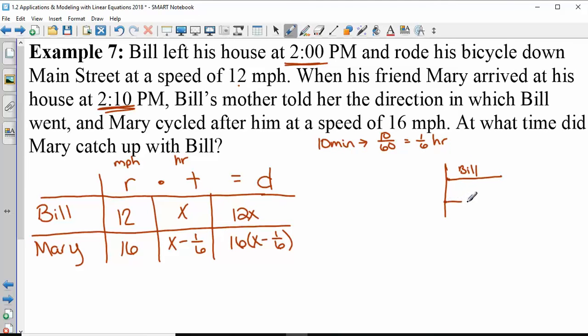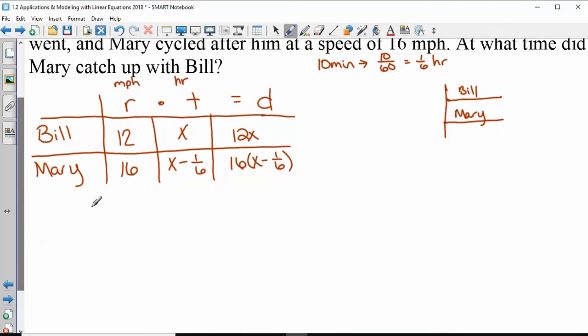Mary, she started later, but she's catching up to him. So that means their distances have to be the same. They started at the same house, they ended at the same place. So our equation this time, we just set the two equal. Bill's distance has to equal Mary's distance.